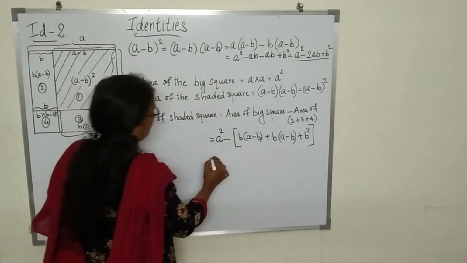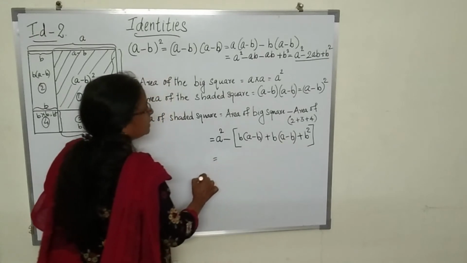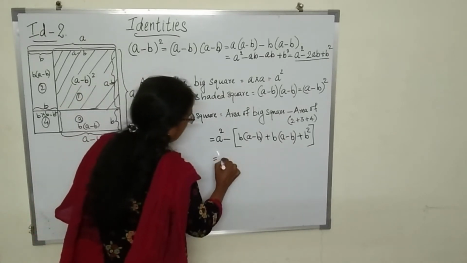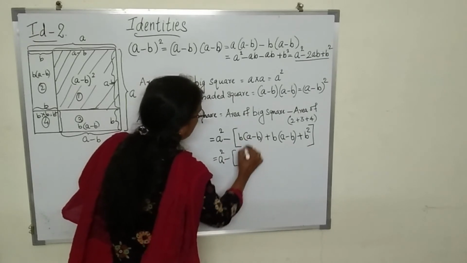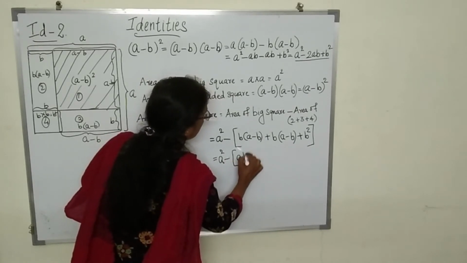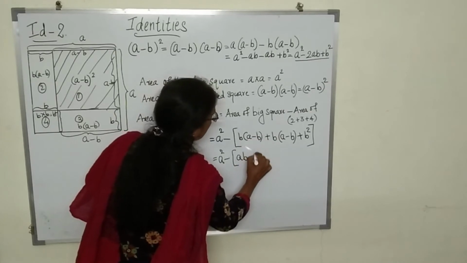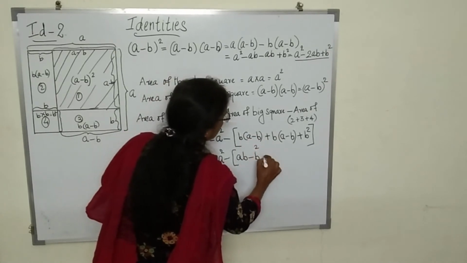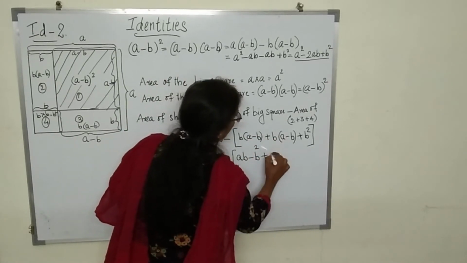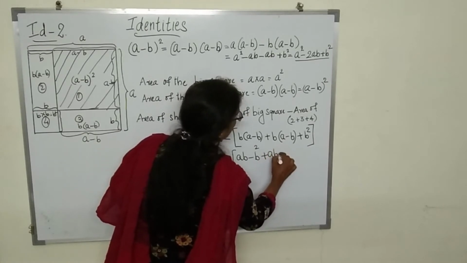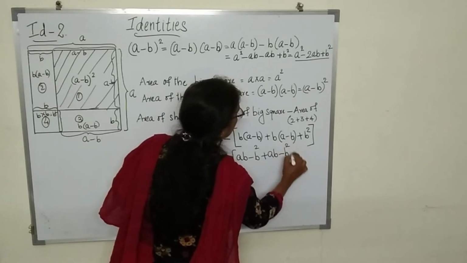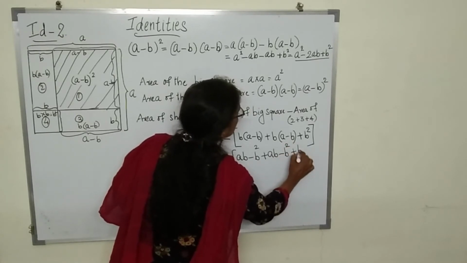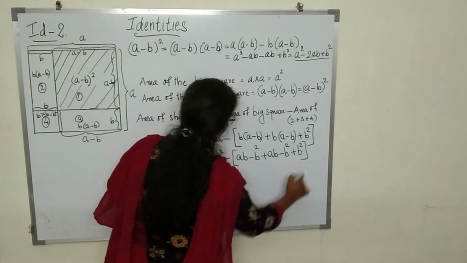So we get A square minus the bracket. Let us open the bracket: B into A, AB; B into B, B square. Similarly, B into A, AB, minus B into B, B square, plus B square.